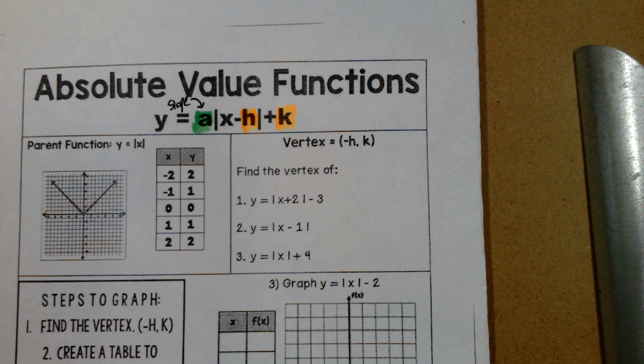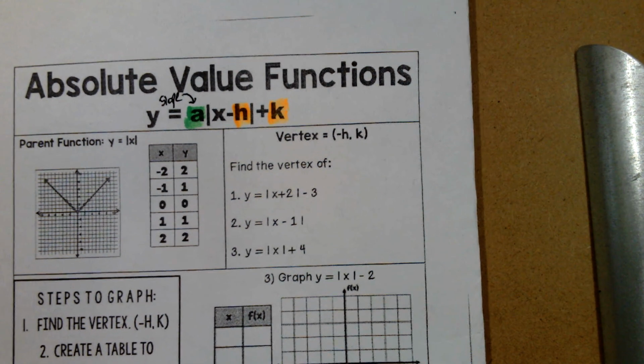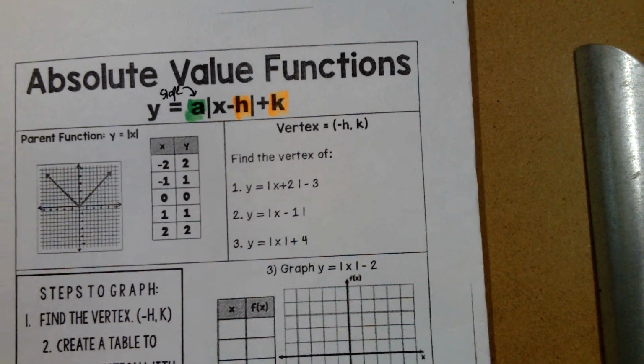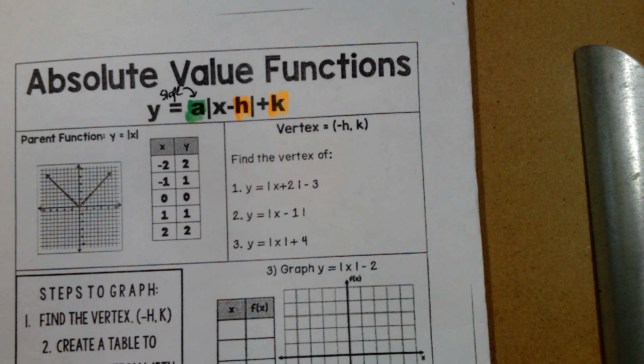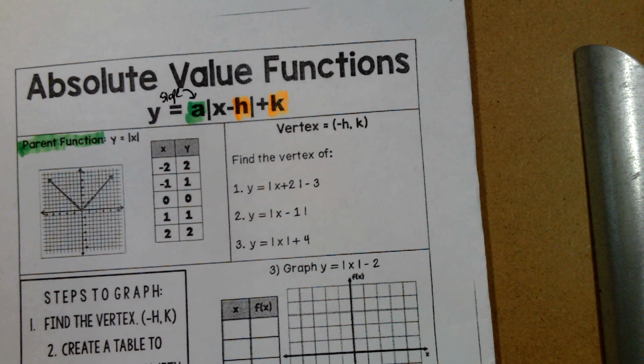And we have y equals absolute value of x. This is called the parent function. This is probably the first parent function we're going to look at. And the parent is just like a parent in real life.